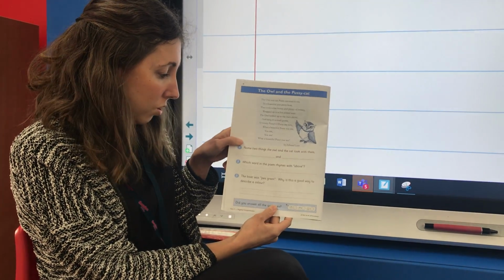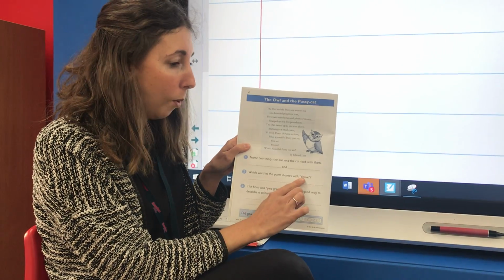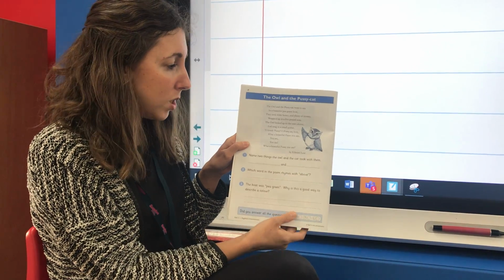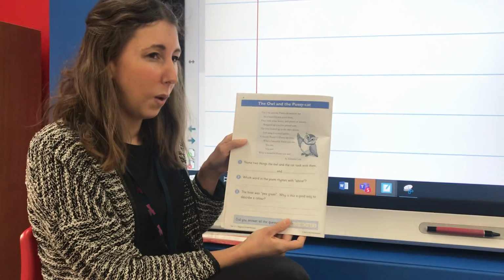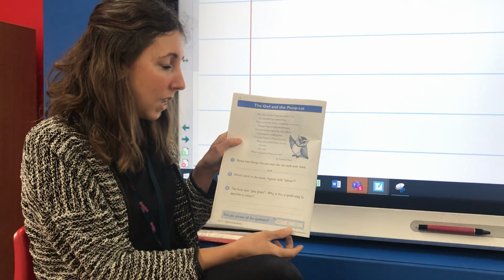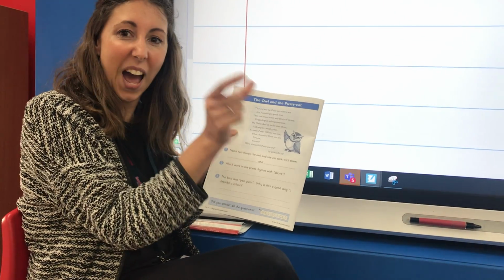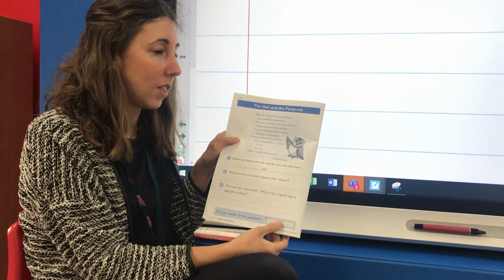Okay. Question 2 then says, which word in the poem rhymes with above? Now remember, we've talked about rhyming words. So when the word rhymes, it's when the end of the word sounds the same. So cat and mat, they've both got the at part that sounds the same to make them rhyme.